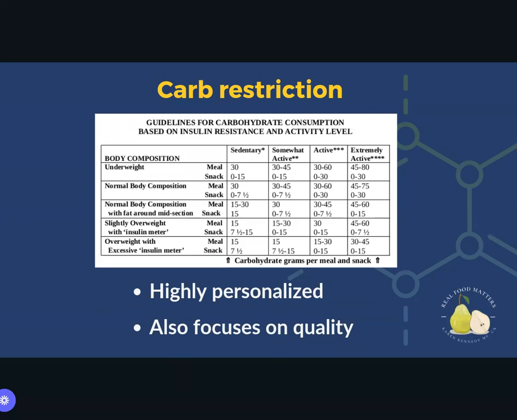How well are you able to metabolize and deal with carbohydrates? Because if you're closer to prediabetes, closer to type 2 diabetes, it tells us that you're not able to handle carbohydrates as well right now, and you should have fewer of them at your meal. But like I said, this is a highly personalized thing. And even this chart, which is a nice place to start, is just a starting point.